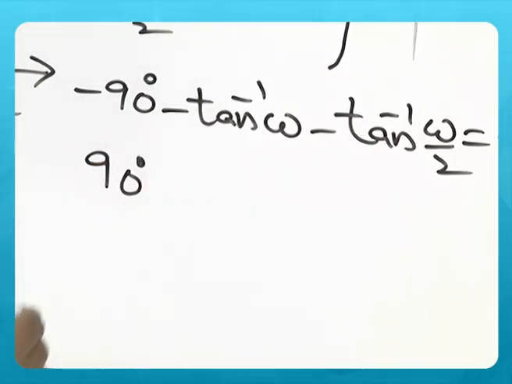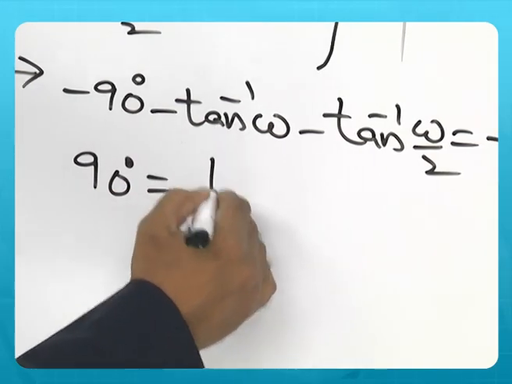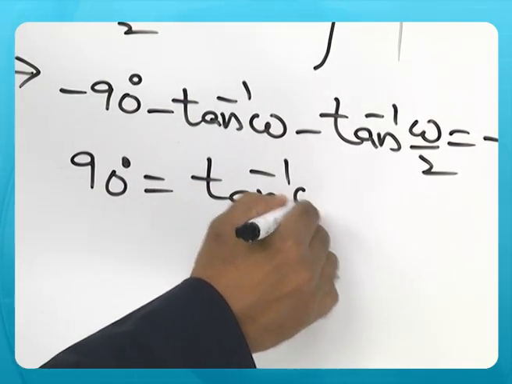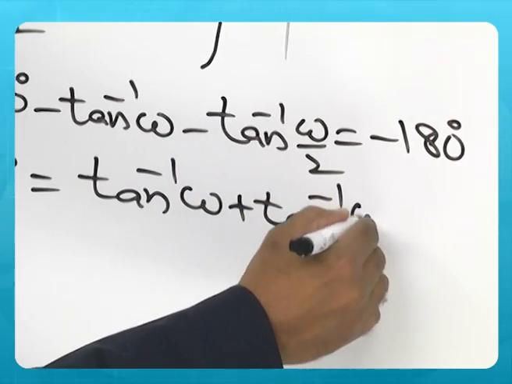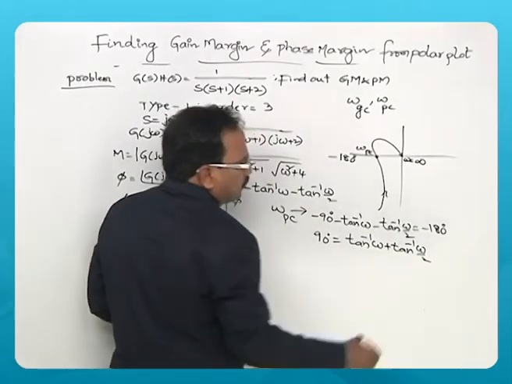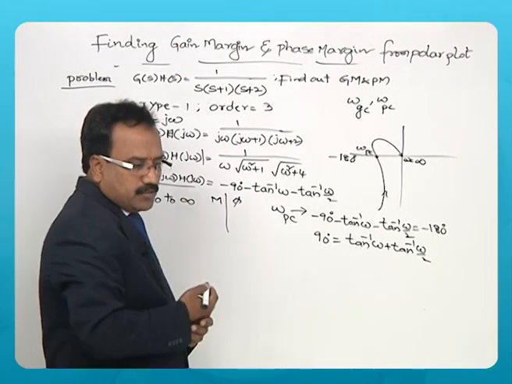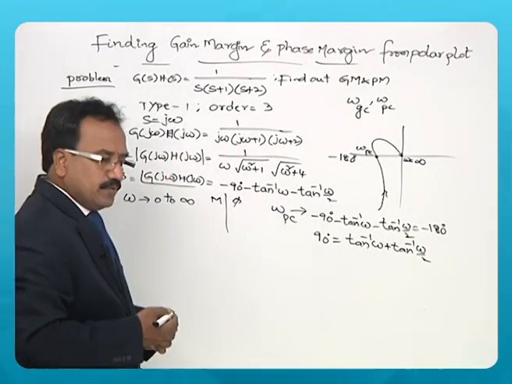So, 90 degrees is equal to tan inverse omega plus tan inverse omega by 2.